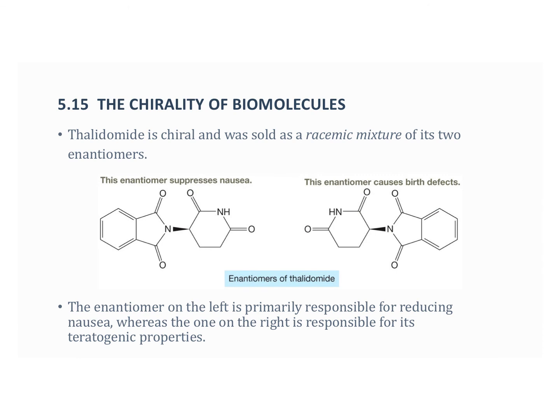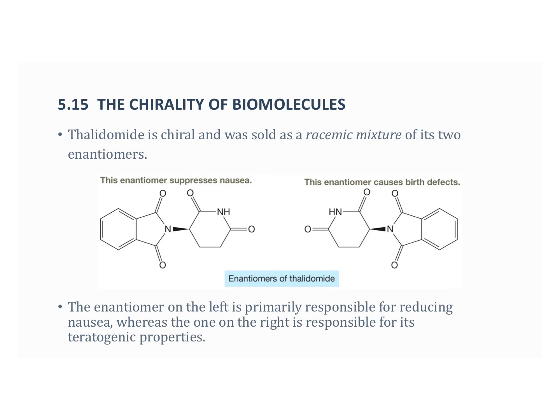You might ask yourself, why is this really important? Well, it turns out that because our bodies are chiral environments, enantiomers interact differently with our bodies. The best example of this is thalidomide. Thalidomide was a medicine used in the 1950s in Europe to treat morning sickness.